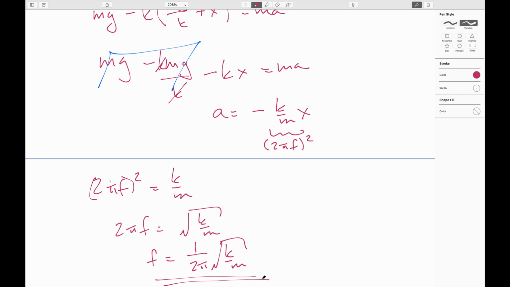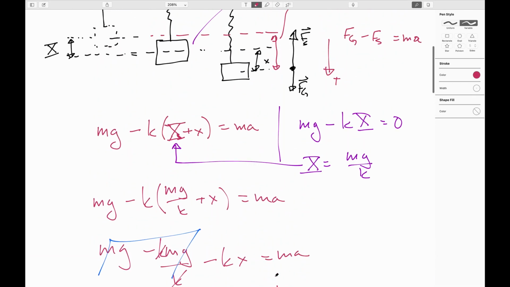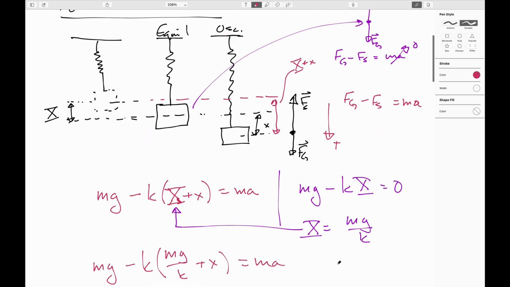So it turns out that from an oscillation perspective, we are still executing simple harmonic motion with the exact same frequency we had in the horizontal case we looked at in the previous video. The only difference is we shifted the equilibrium position.